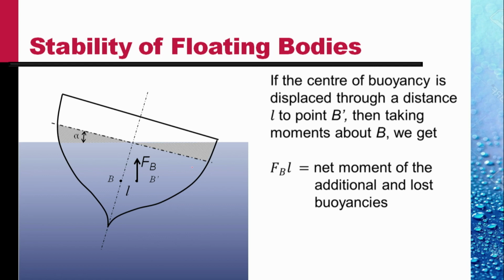If the center of buoyancy is displaced to a distance L to point B prime, then taking the moment about B, we get Fb into L should be the net moment of the additional and lost buoyancies. Added because of the additional buoyancy and lost because of lost buoyancy.